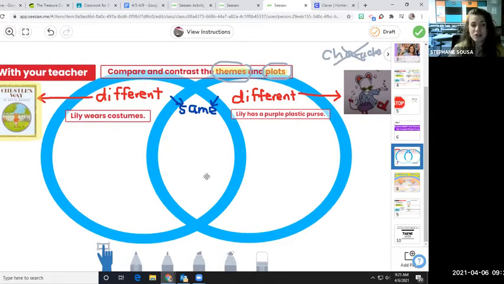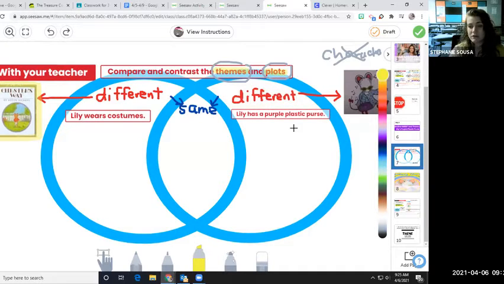What I did not do was say Lily wears costumes, Lily doesn't wear costumes, Lily has a purple plastic purse, Lily doesn't have a purple plastic purse. The reason that we have these on the different side is because it's obvious that those are different. So we don't have to say what's not true about the other. Okay? So what we write in here is only what is true about each text.